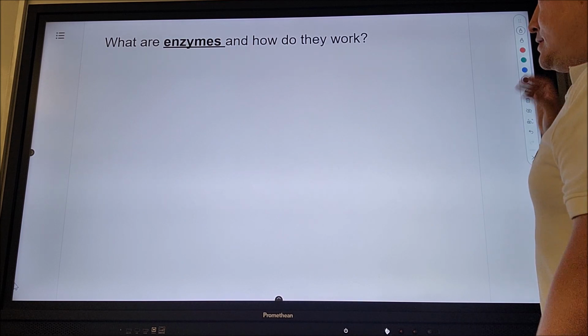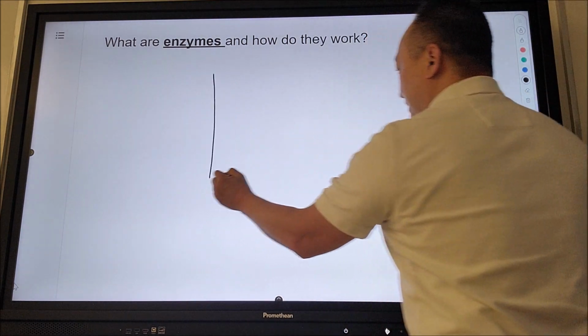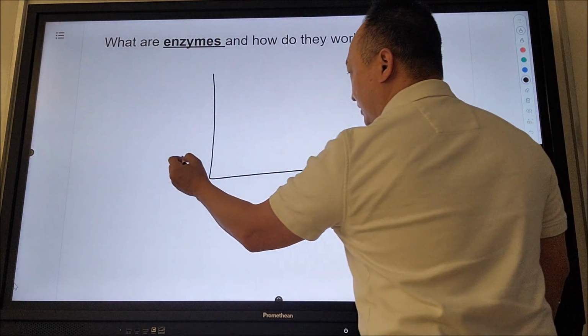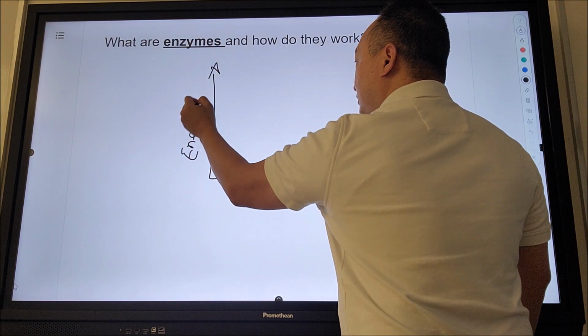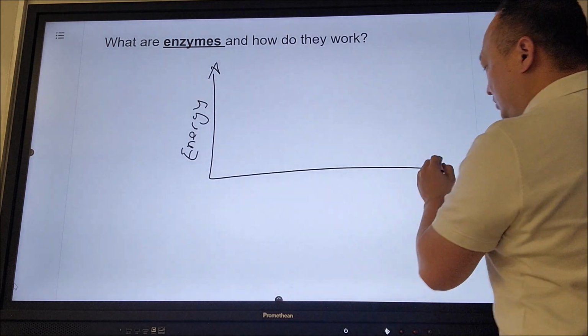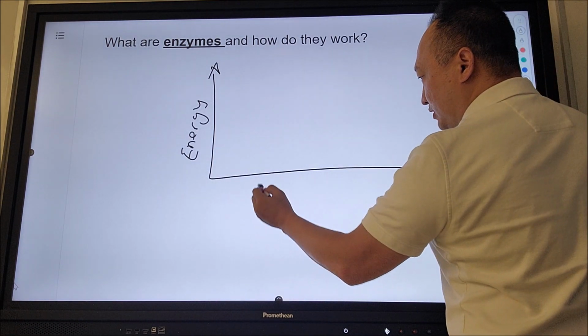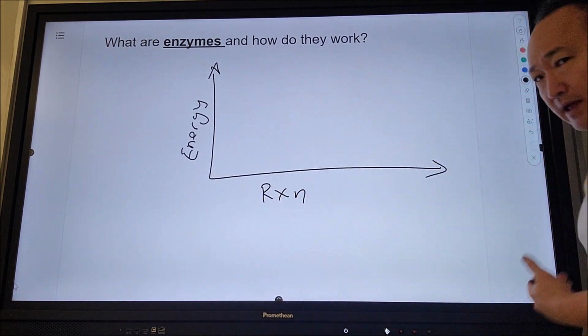All right, so let's illustrate this using an energy diagram. Along the y-axis we'll label that energy, and along the x-axis we'll label this the reaction progress.